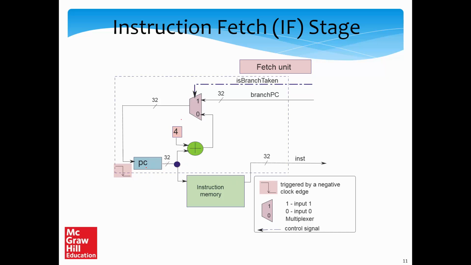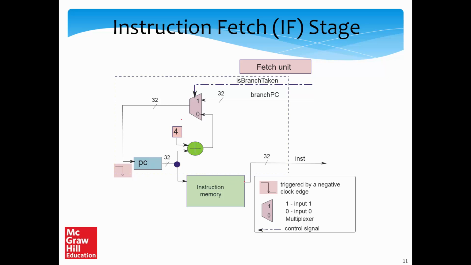The PC, we'll call it the program counter register. It's a 32-bit register. The PC flows to the instruction memory, which is typically an array of SRAM cells. We'll be discussing how this instruction memory is created in chapter 10.